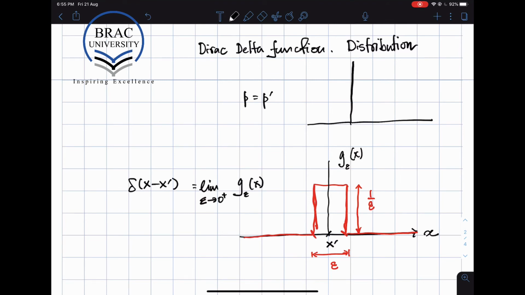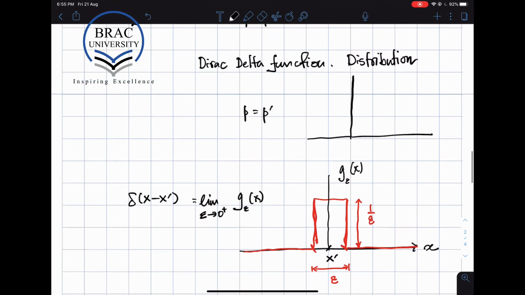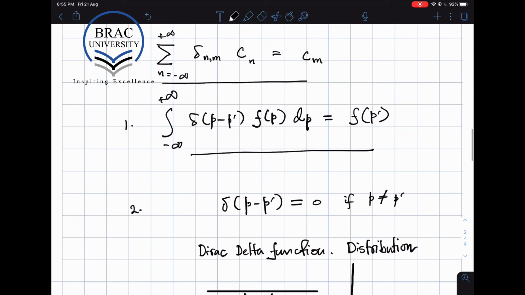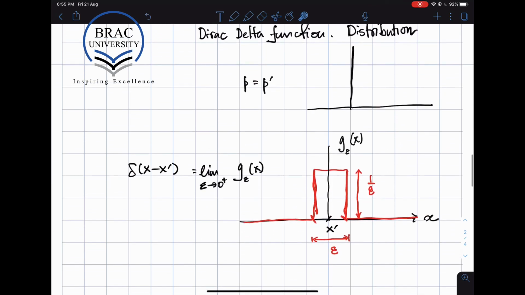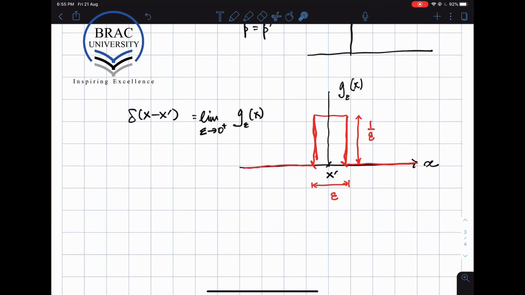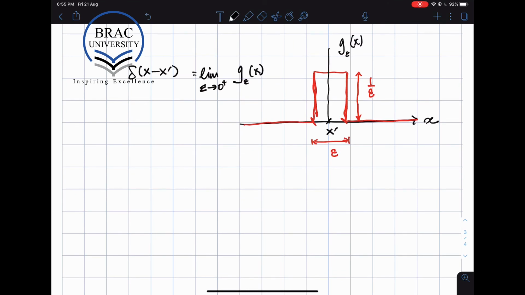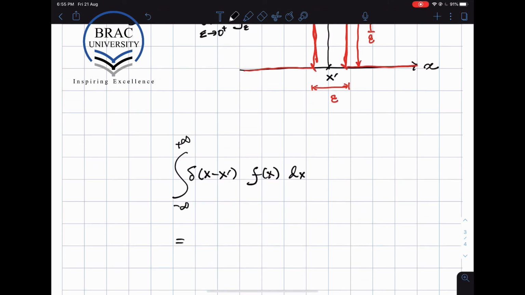So this is a representation of the Dirac delta function. Let me try to convince you that this construction gives you this very important property. So the way to do it is to take a test function and integrate this test function over all infinity. Now, this is going to be the limit epsilon goes to 0.